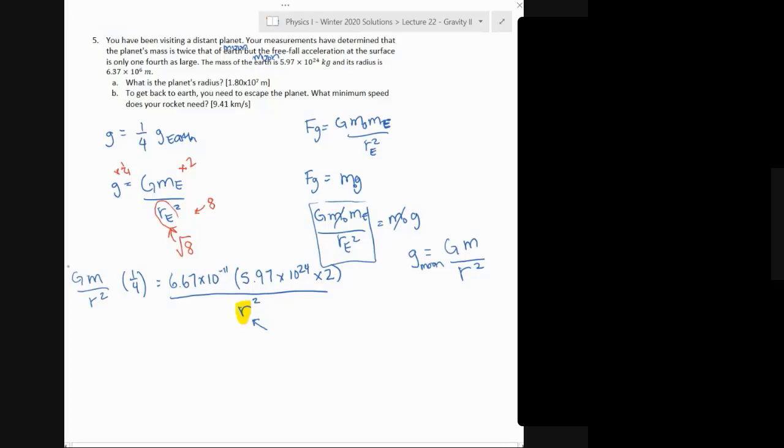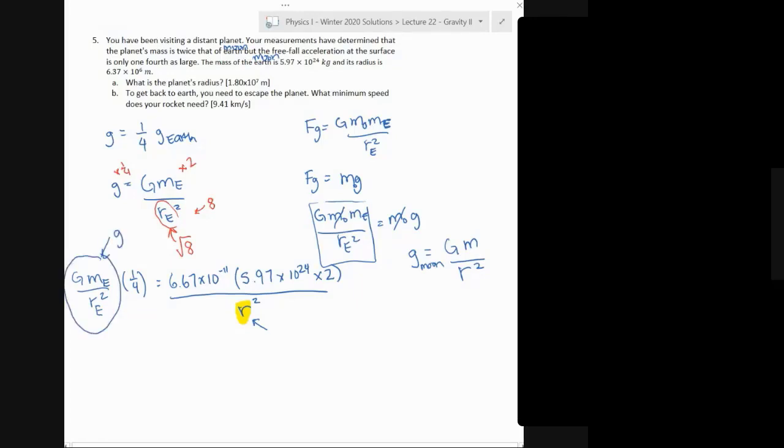So this is the original planet, what they're comparing it to. In this case, they're comparing it to the Earth. In my new example, it would have been the moon. So this is the radius of the Earth squared. And we know it's a quarter that amount. So this is the little g over here. That's the formula for little g.